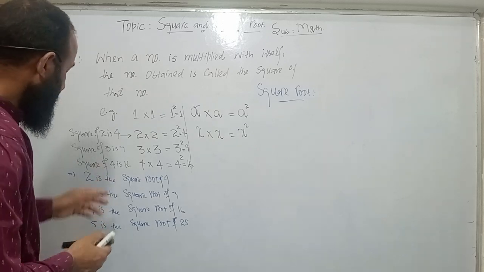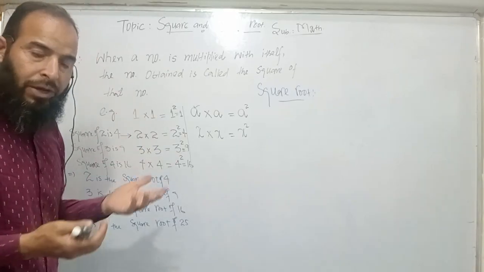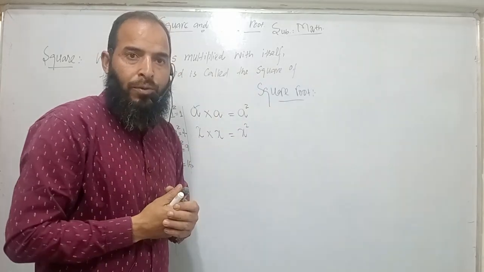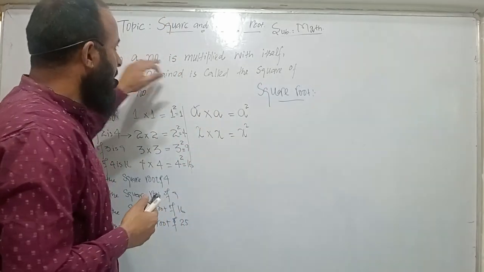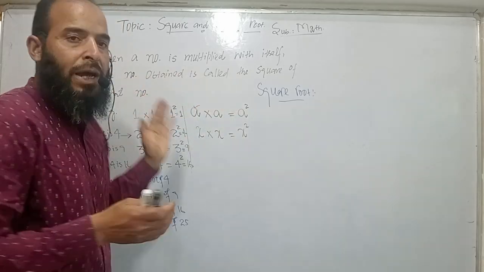Okay, so this was about the square of a number. So how can we define this square root? हम कैसे define कर सकते हैं this square root? See, when a number is multiplied with itself, the number obtained is called the square of that number.